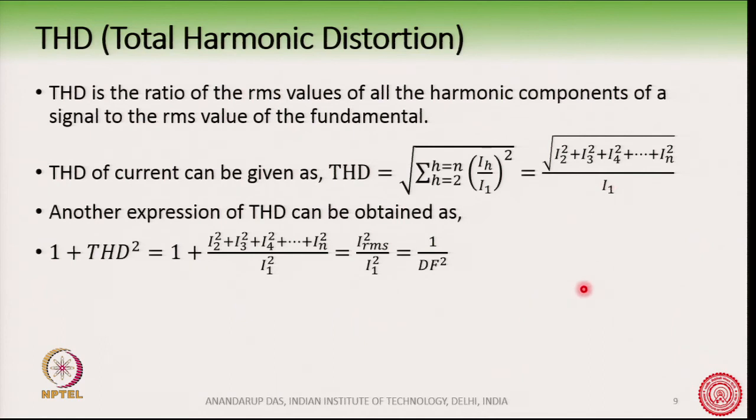This is another quantification of the harmonics present in the input current. THD and distortion factor are related to each other. So, 1 plus THD square is 1 by DF square. You can see this relationship.